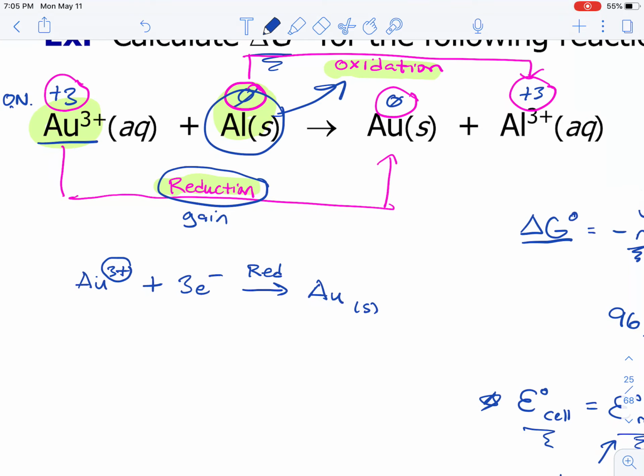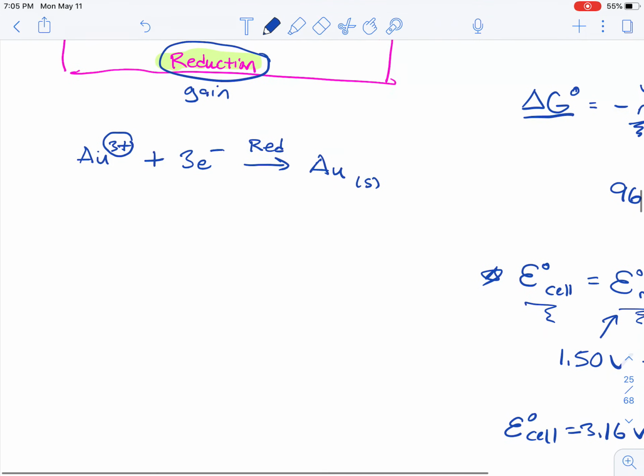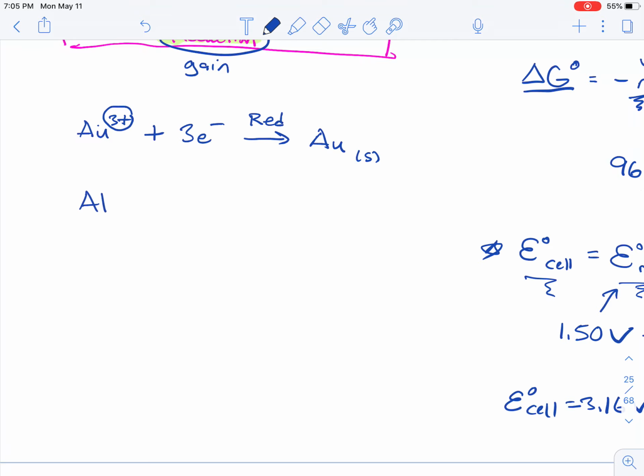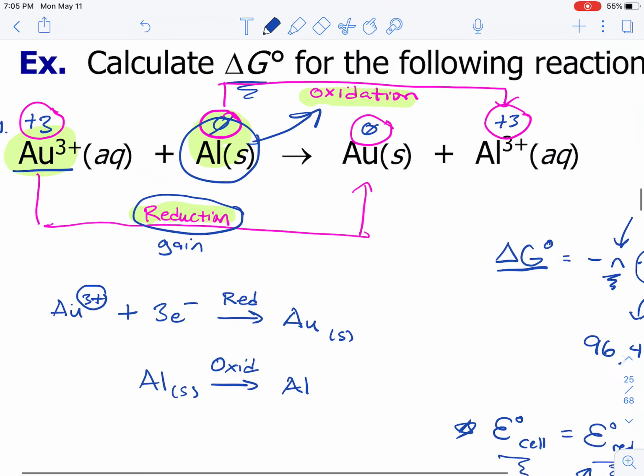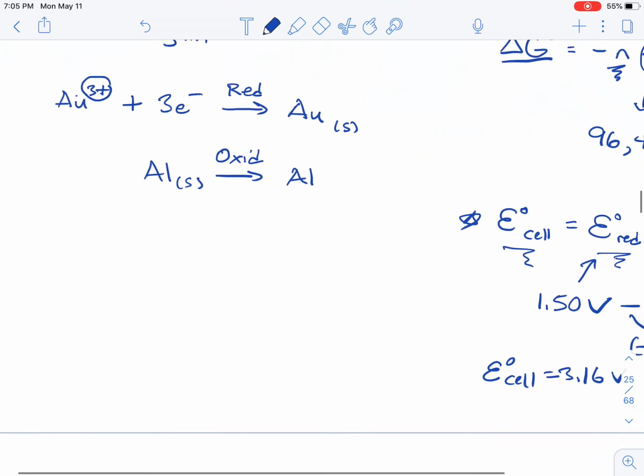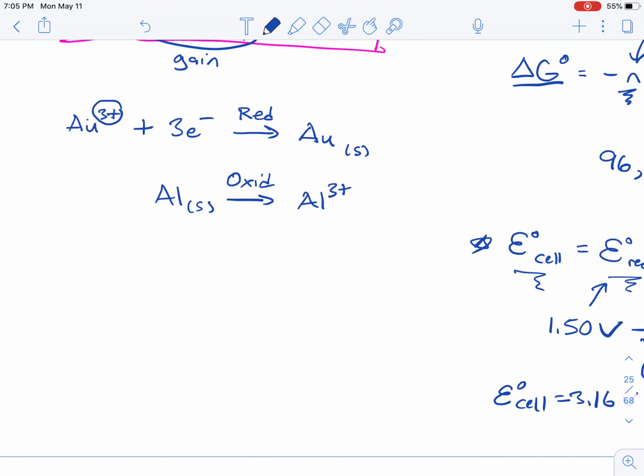Now if I'm looking at oxidation with aluminum, oxidation means losing electrons. And so here my aluminum solid, maybe I'll just move this over, is going to undergo oxidation, meaning I'm going to lose electrons. And since my final product was aluminum 3 plus, then that tells me that for aluminum to get that 3 positive charge, it must lose 3 electrons.